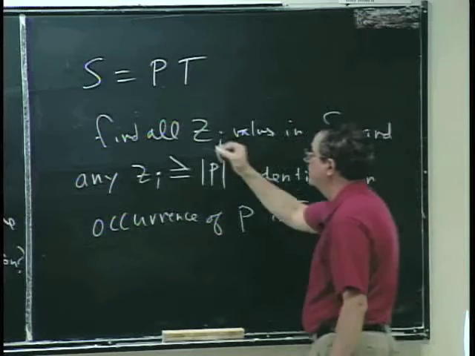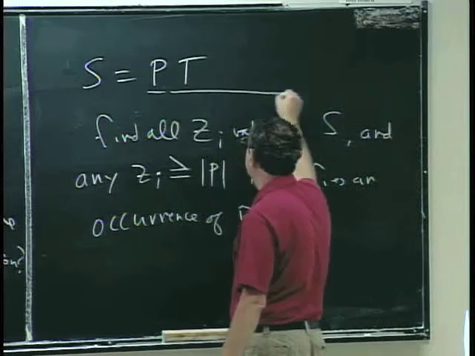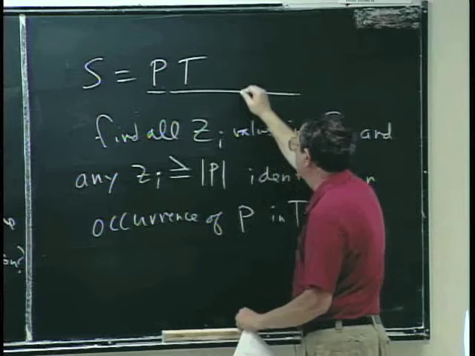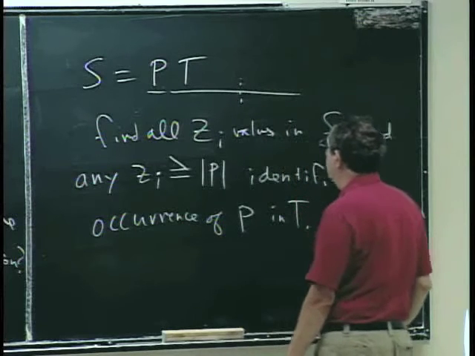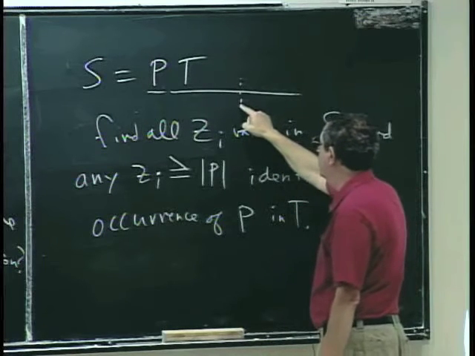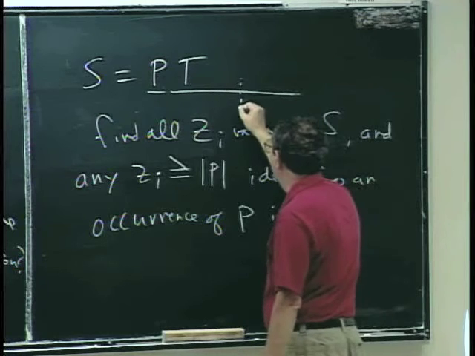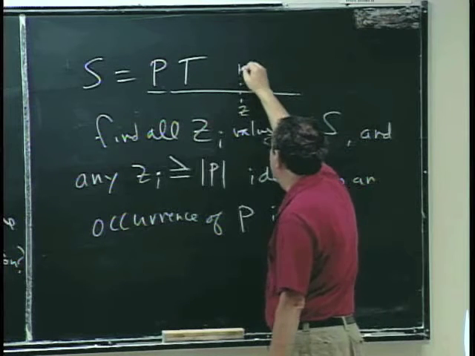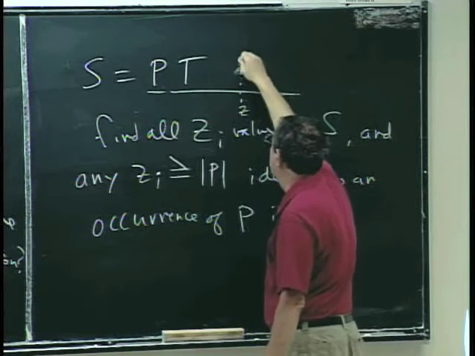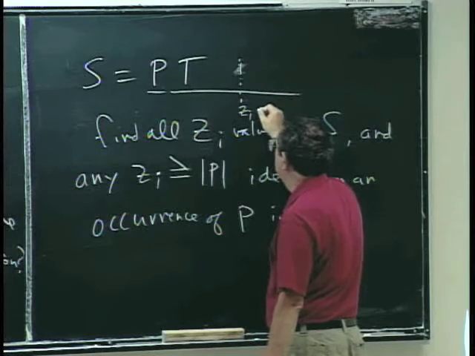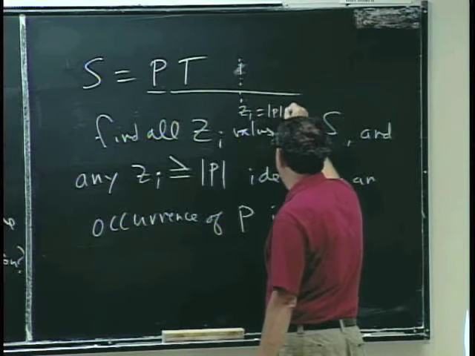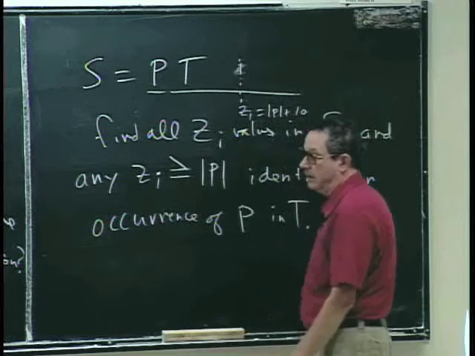And you can just sort of see this pictorially or just from the cartoon. If we have here a position, let's say position i, where zi is equal to the length of P plus 10, something like that.